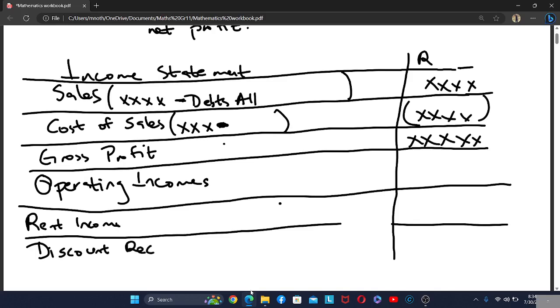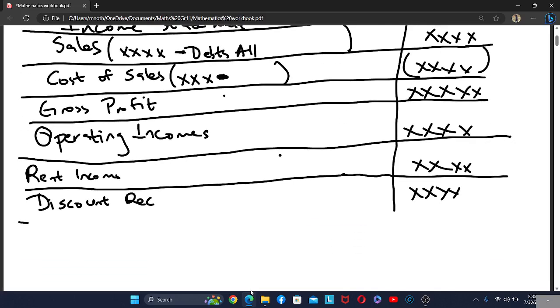But interest income, we do not record here under operating incomes. Okay, now let's say that we only have these incomes. You add them up, and then you're going to get the operating incomes.